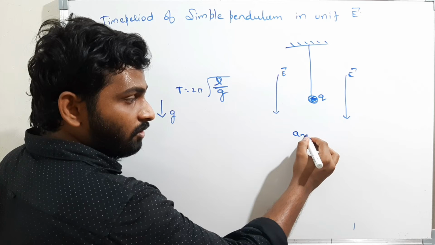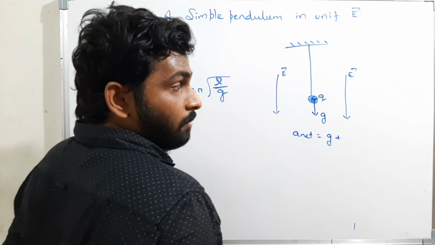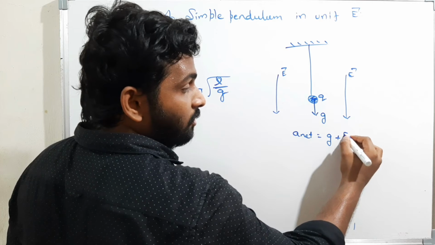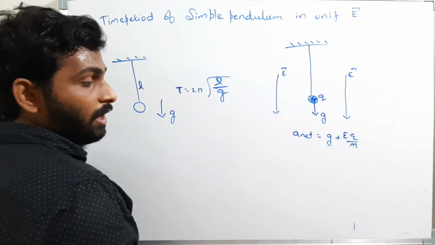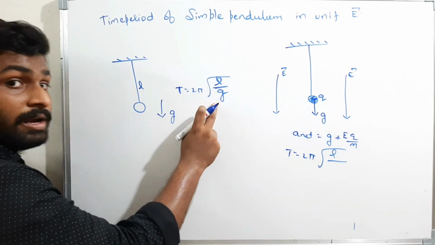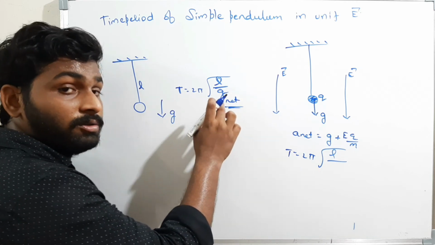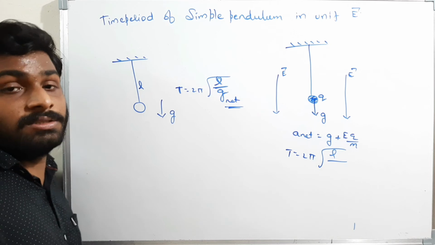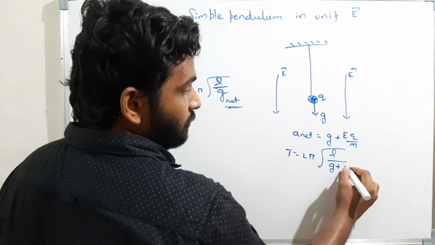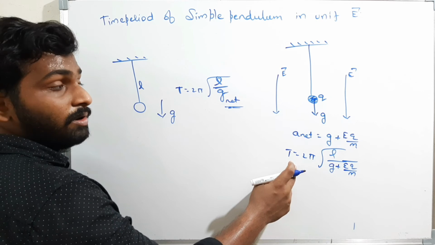The downward acceleration g, plus, because of the electric field, one more downward force, that is eq by m. Therefore, the time period is 2 pi root of L by g net, the total resultant acceleration, where a net is g plus eq by m. That is the time period of the simple pendulum in an electric field.